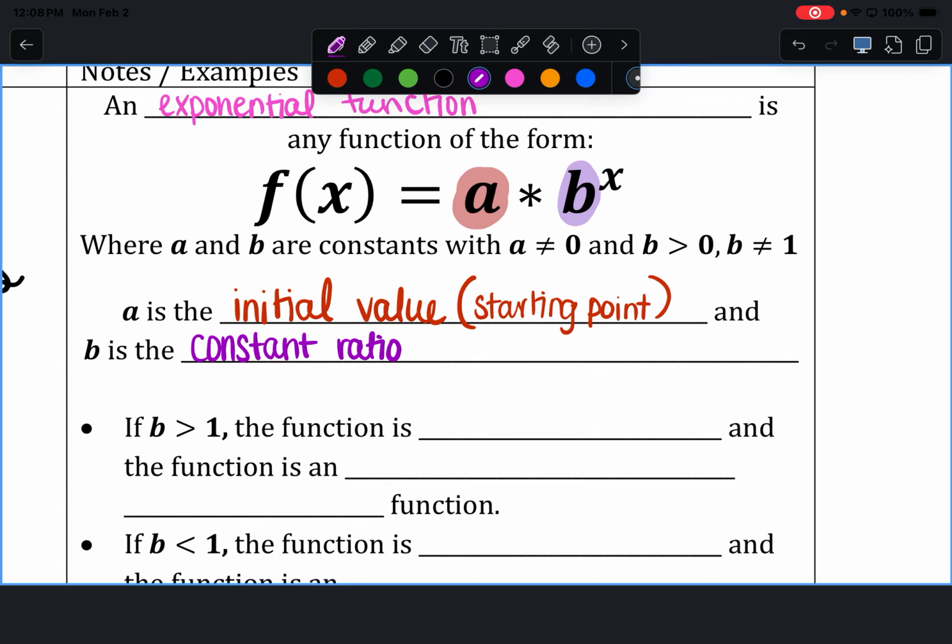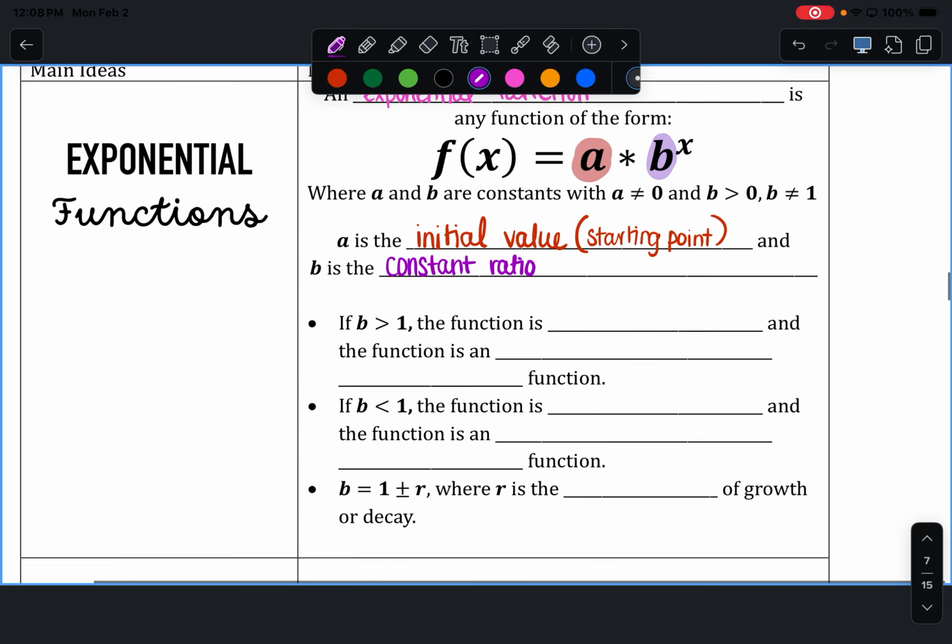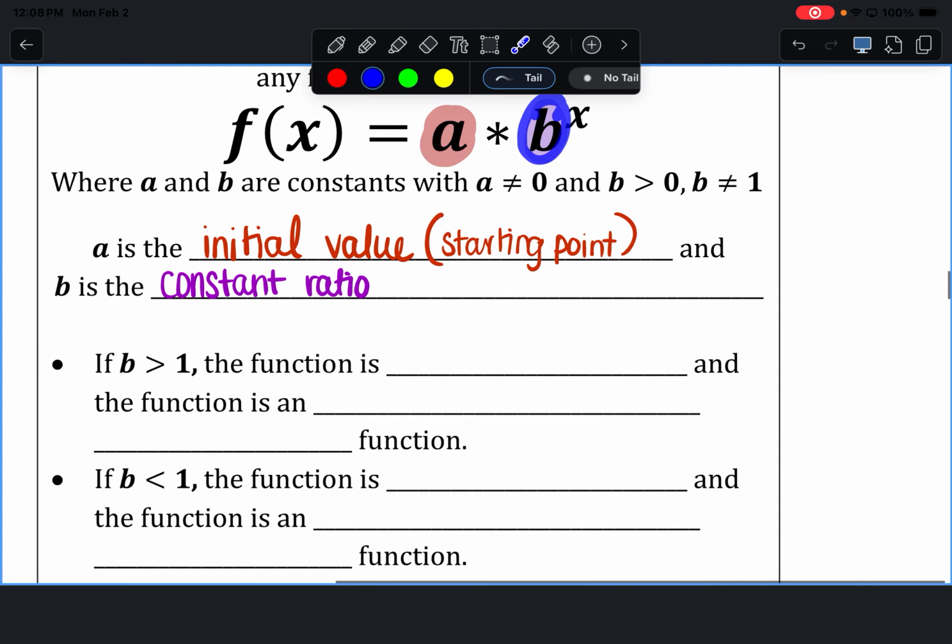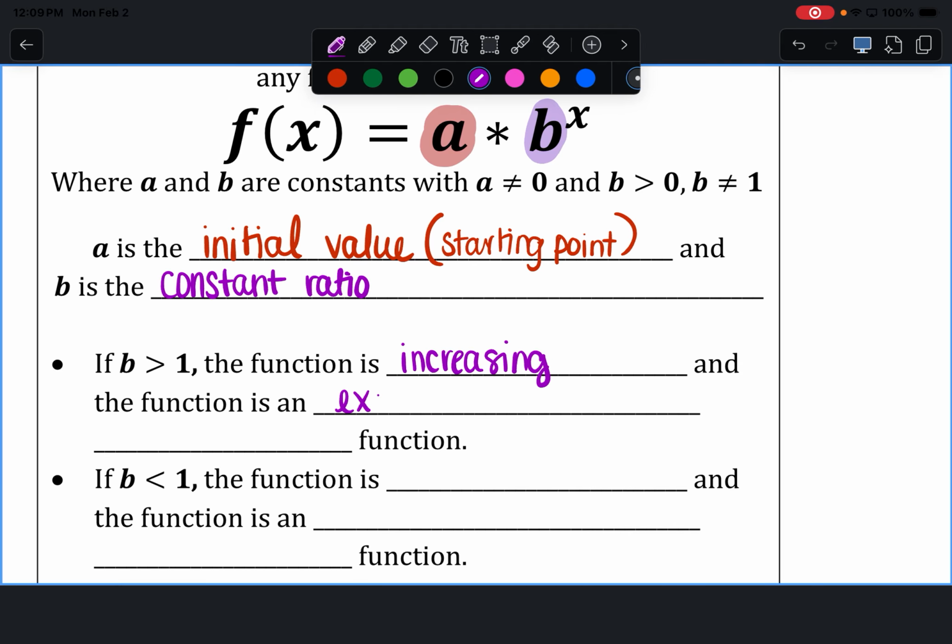So what we're going to do real quick is look at an example, and I'm going to sketch out what the graph looks like. Then we're going to look at the pieces of it, okay? Before we do that, if b is greater than 1, our function is going to be increasing, and it is considered an exponential growth function.